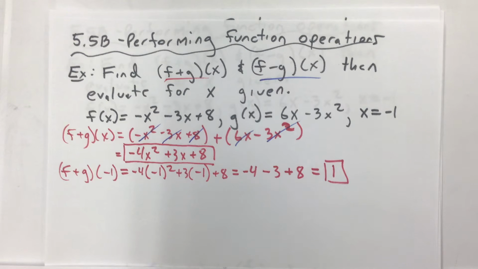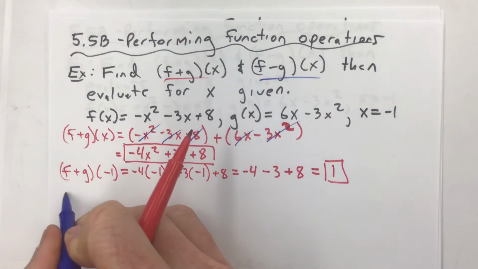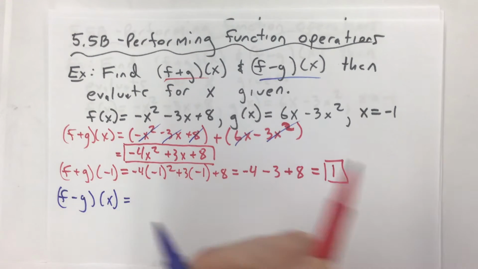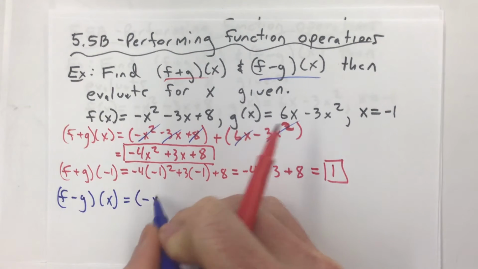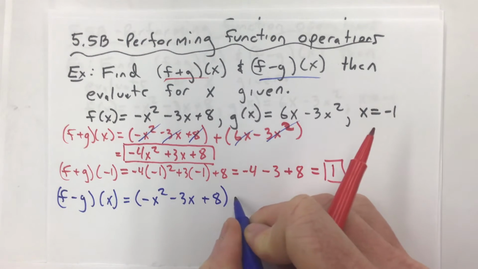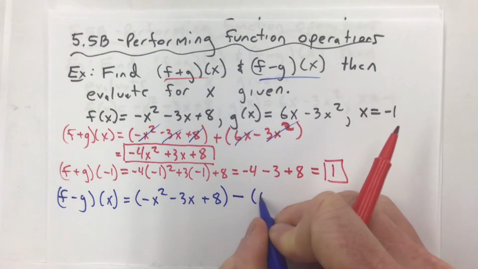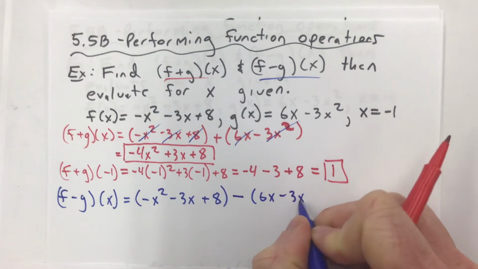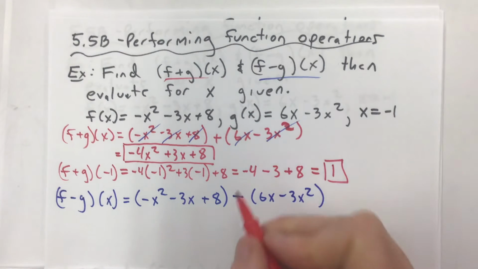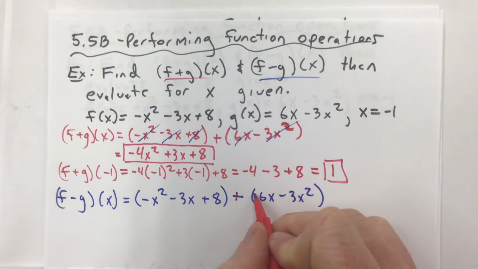Next, I have f minus g of x equals -x squared minus 3x plus 8 minus 6x minus 3x squared. Same process, but I'm subtracting. Like we remember in the past, when we subtract, we really add the opposites.